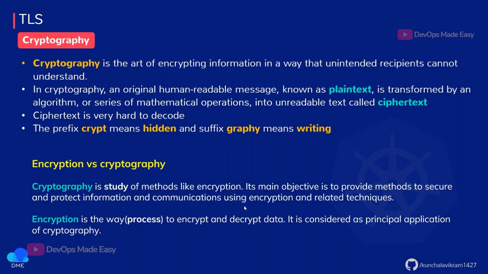Cryptography says how to encrypt and decrypt the data, but encryption actually implements that process. Understood, guys? Your cryptography might have a lot of encryption algorithms, but actual encryption is the process of how you encrypt and decrypt the data. Clear?